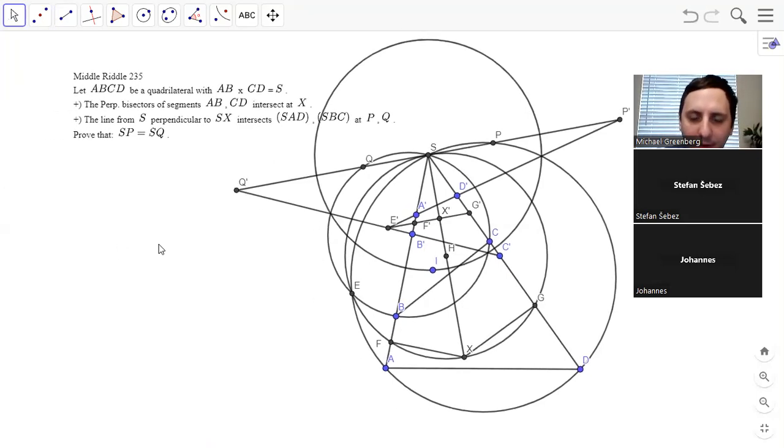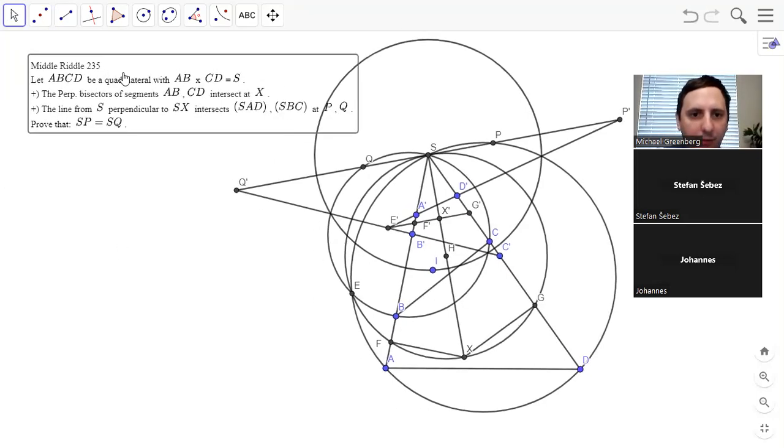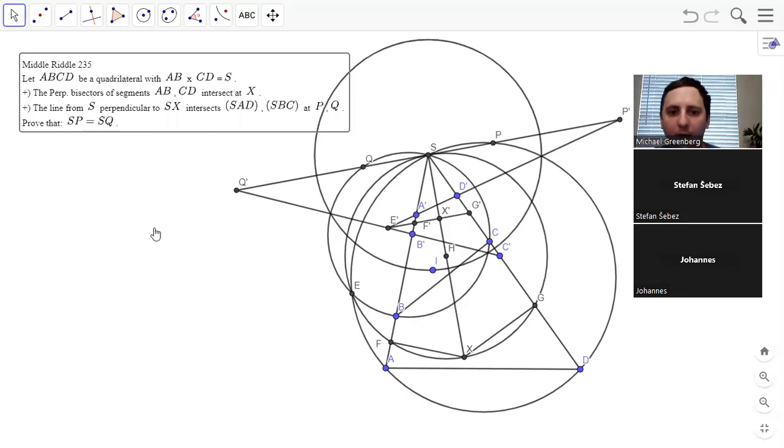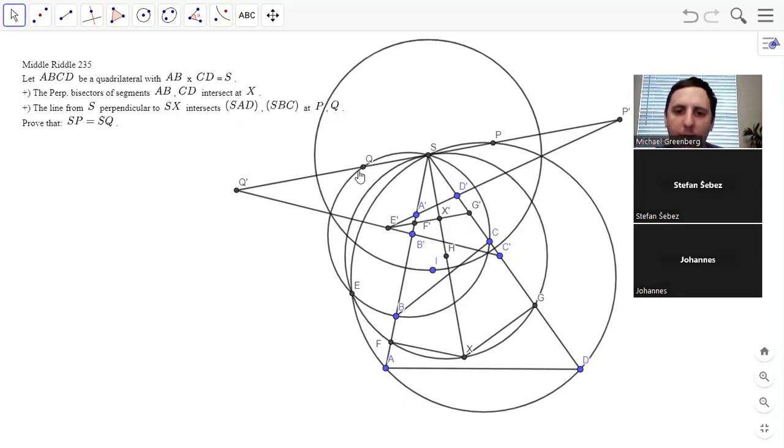I'm going to type up that solution. While I'm typing it up, I was wondering, basically by the power ratio lemma, we just want to show the ratio of the powers of Q with respect to these two circles is 2, right? And the ratio of the powers would be the same for any point on this circle.